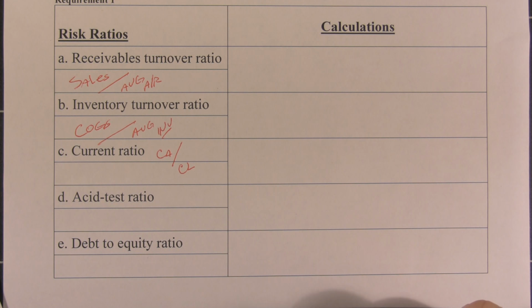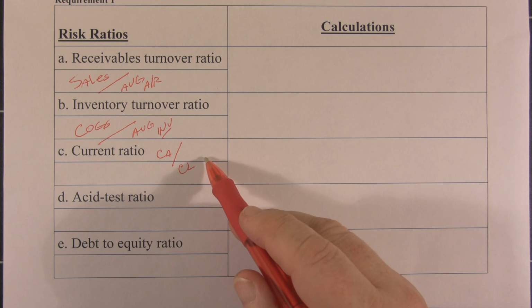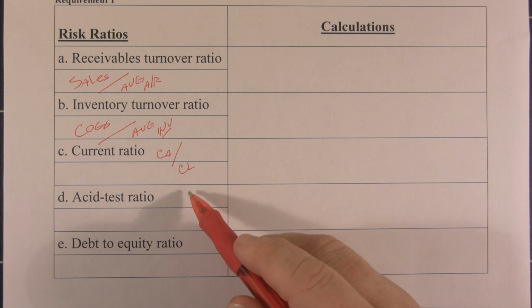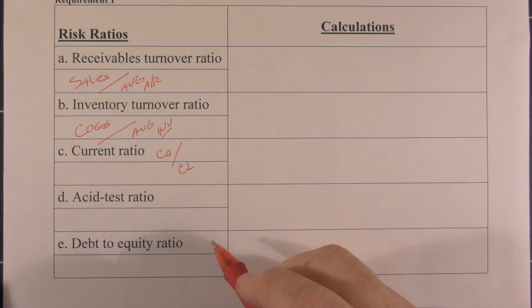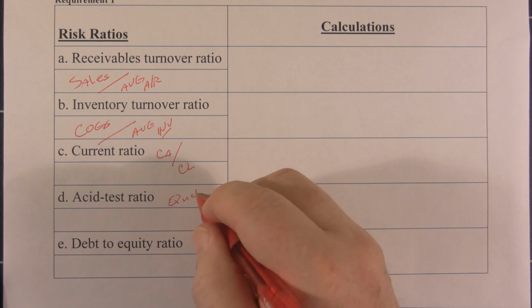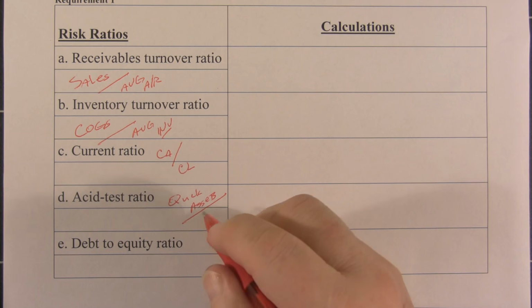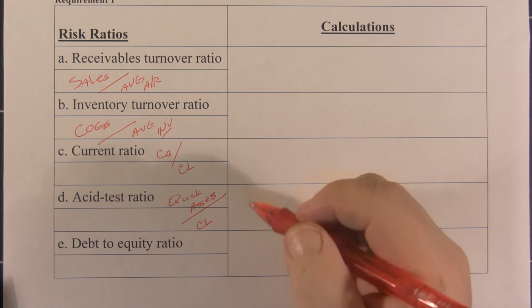You pick those up right off the balance sheet. The acid test is a more stringent version of the current ratio. It doesn't look at all current assets, just the quick assets. So we'll call those the quick assets, divided by the current liabilities.